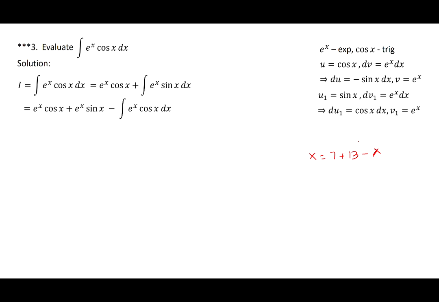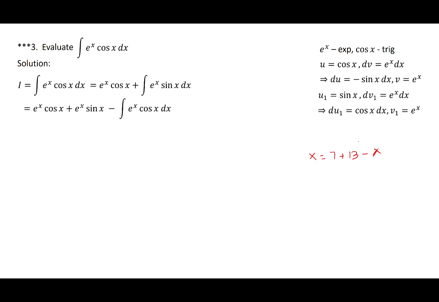Is that a big deal? Do we have something sort of like this here? You will say, hey, that's a piece of cake, man. All I need to do is add x to both sides and I get 2x equals 20 and x equals 10. Right? Isn't that what you would say?